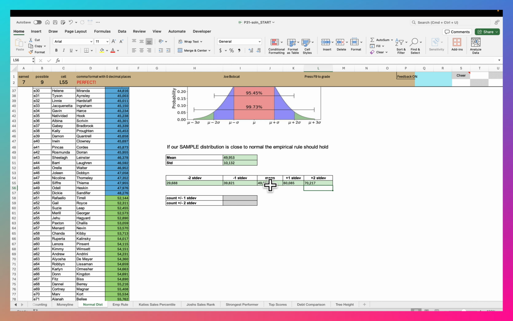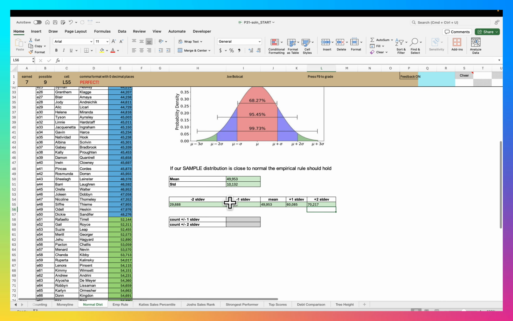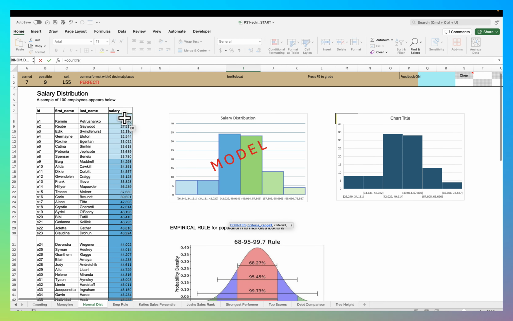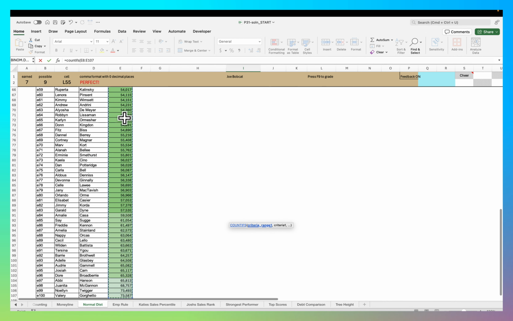And now let's count how many people fall in these boundaries. So theoretically, 68% of our entries should fall plus or minus 1 standard deviation from the mean. And we can actually count the entries and see if that's true. So we'll do COUNTIFS. The criteria range is this.